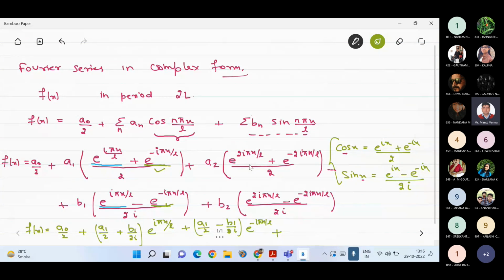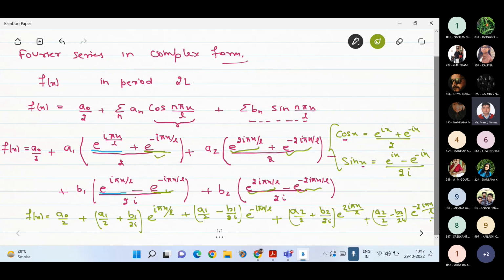Similarly, for the next terms, I can again write the same thing, which will be a2 by 2 plus b2 by 2i, and it will be e raised to the power 2i pi x by L. And the last term from these two will be a2 by 2 minus b2 by 2i, and it will be e raised to the power minus 2i pi x by L. And so on.